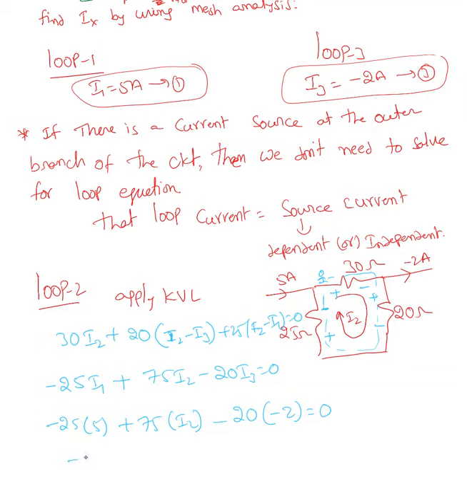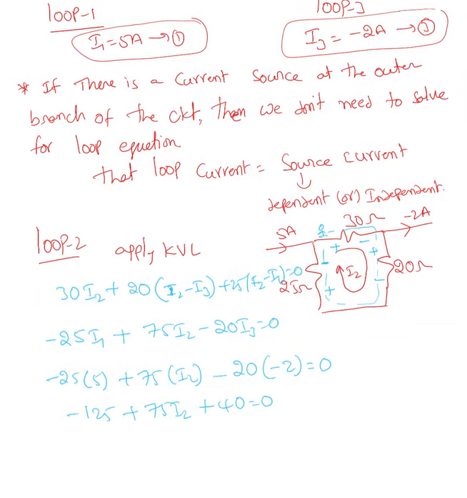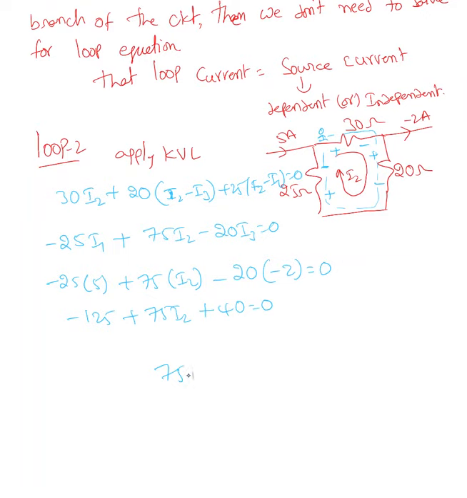So this is minus 125 plus 75 I2 plus 40 equal to 0. So 75 I2 equal to minus 125 plus 40, which is 85. Okay, so I2 equal to 85 over 75 ampere.